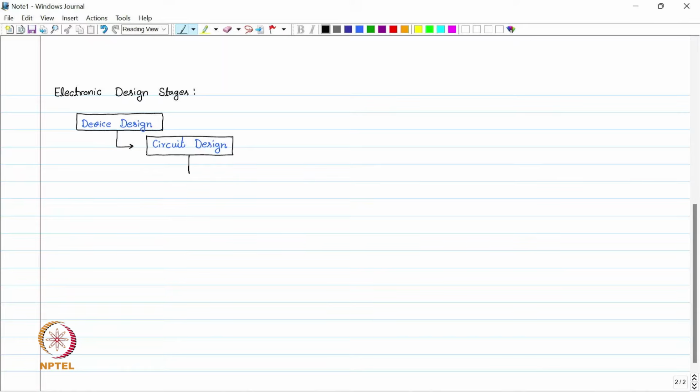From this circuit design step, we go to the third design stage, which is the gate design. After gate design, we have something called module design.